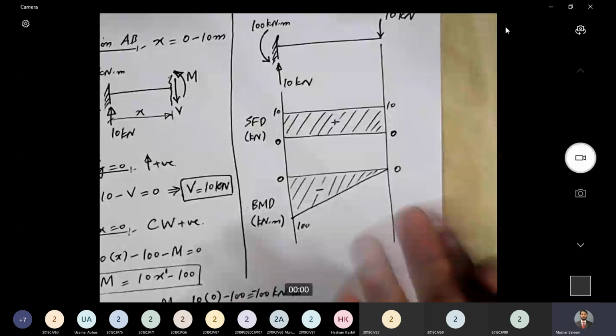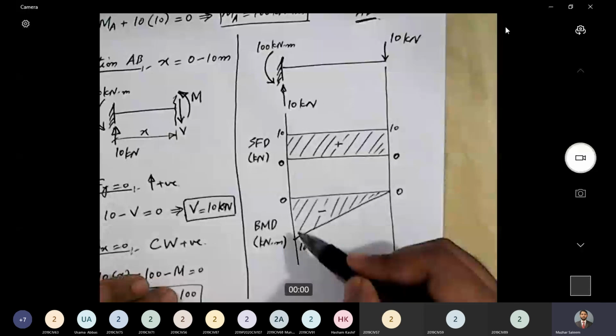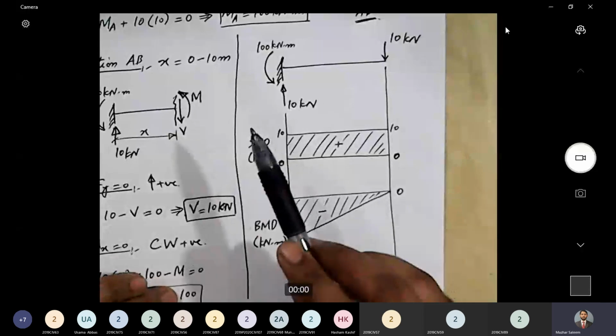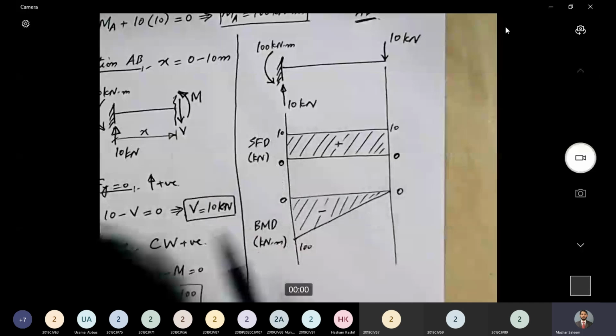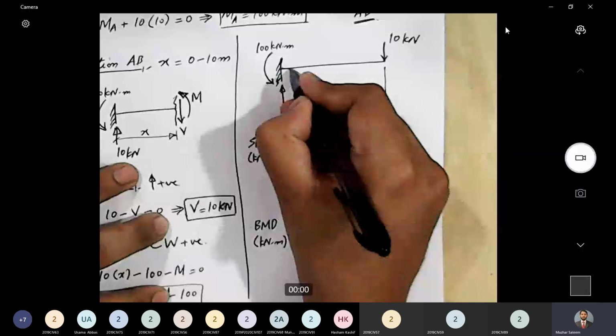Last step is to draw the elastic curve. Now, for elastic curve, this time the entire beam bending moment diagram is negative, so it means that the entire beam is hogging, and we have a fixed support here. At fixed support, we do not have any rotation. At fixed support, the beam is absolutely fixed. So in the initial portion of the beam, there will be no rotation.